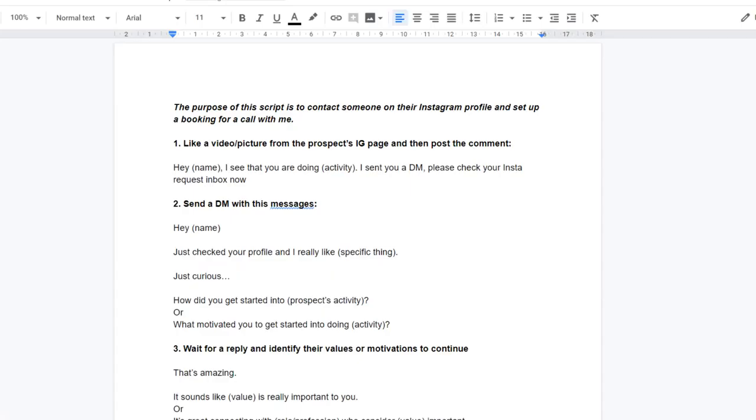Okay, so I prepared here for you an example of how you should contact people on Instagram or Facebook or on social media. This is an example for Instagram.